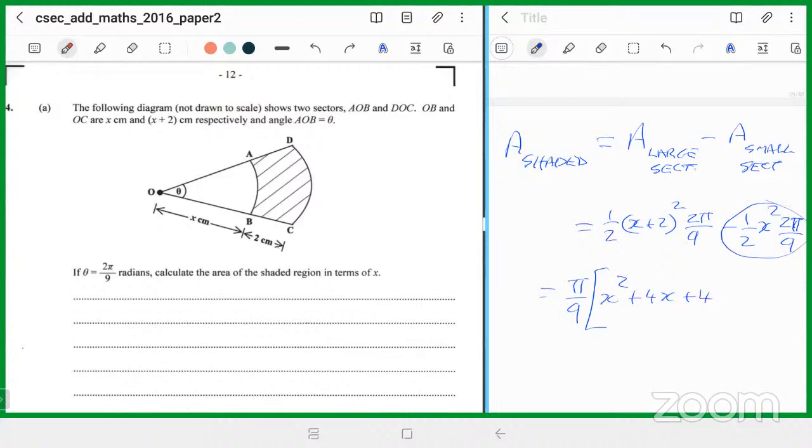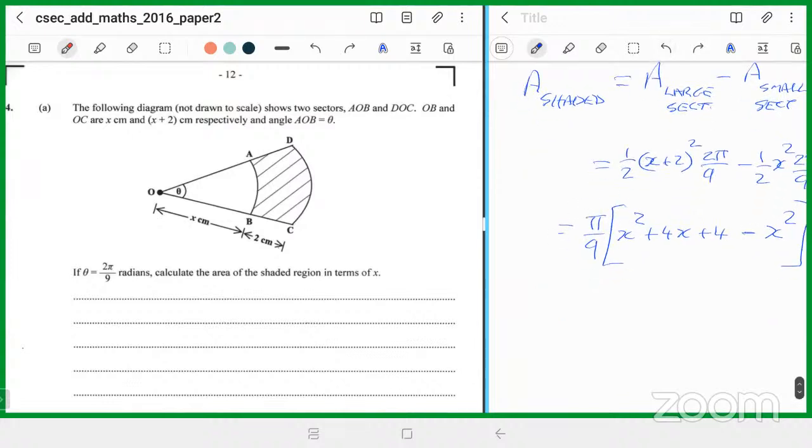And from this one, I would have to subtract X squared because the half and the 2 pi by 9 are consolidated out here already and factorized. So I have X squared inside there. And then this X squared wipes out this X squared.